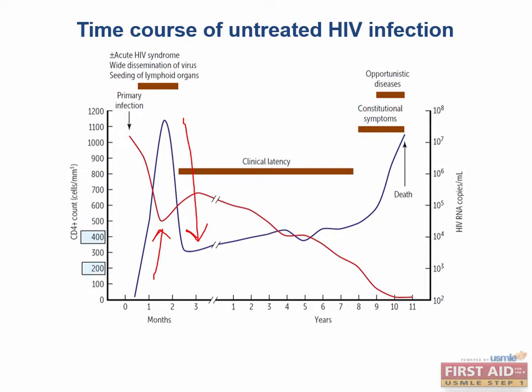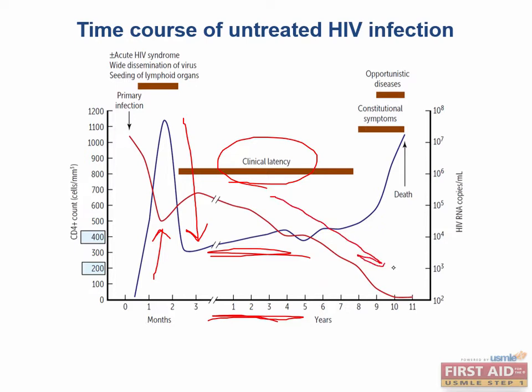Now, during this time, the virus then enters a period of clinical latency that can last for years. Even untreated, it can last for years. But we can see that over 5 years, even with the viral load staying pretty constant, the CD4 count steadily is decreasing.